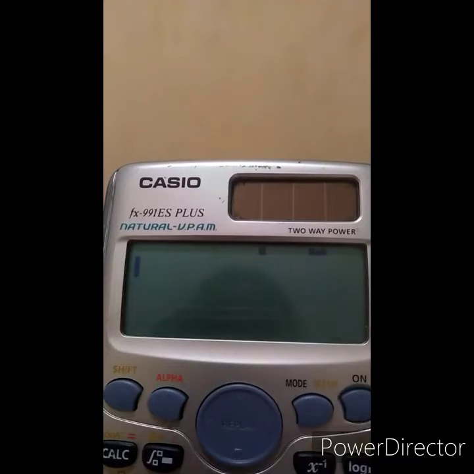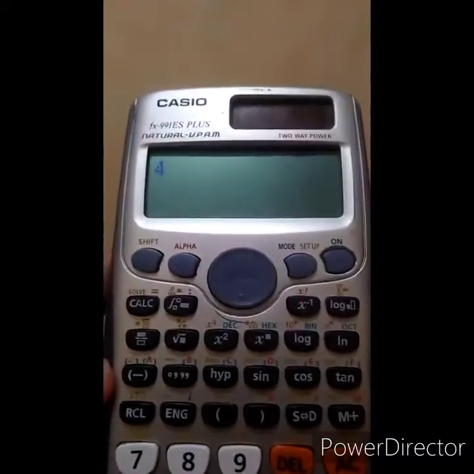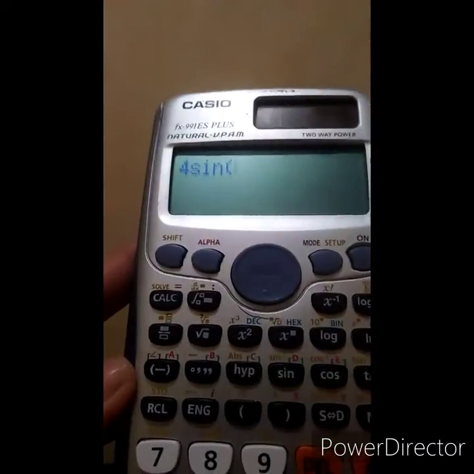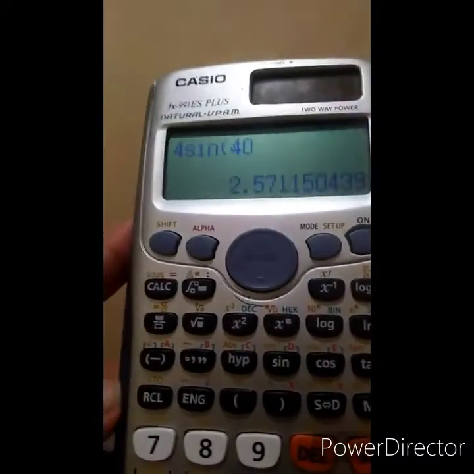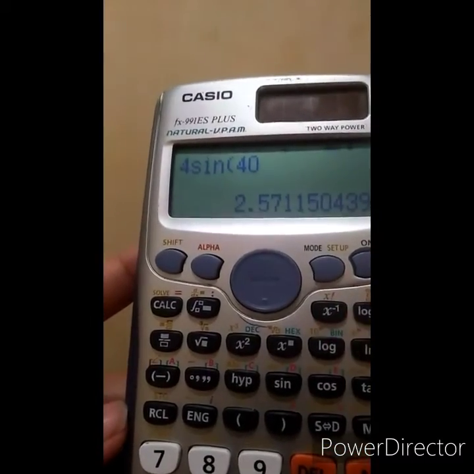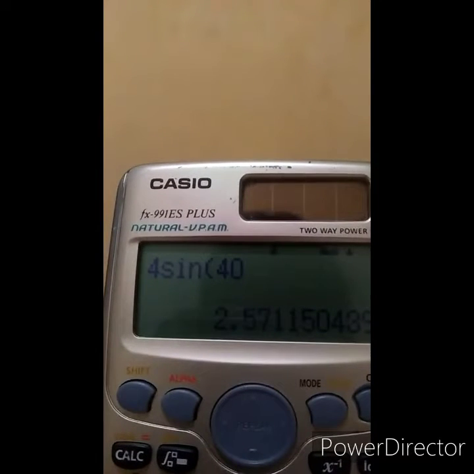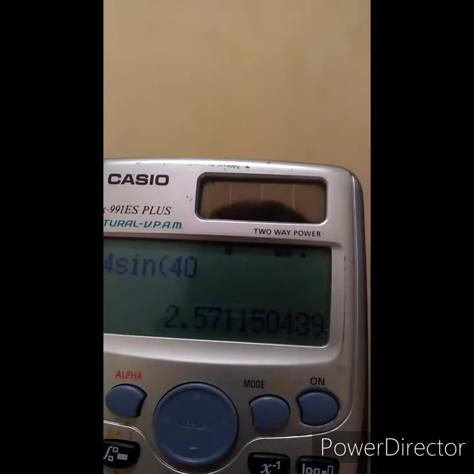If you're going to compute that in your calculator, here is just easy. Just 4 sine 40 is equal to 2.57, already rounded off to the nearest hundredths. Then for vector B, 2 meters going to the east, since there's no indicated vertical component, you will just be writing 0.